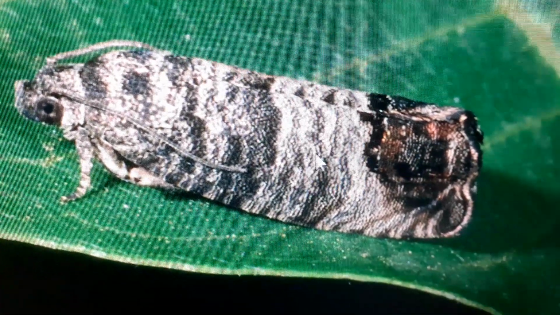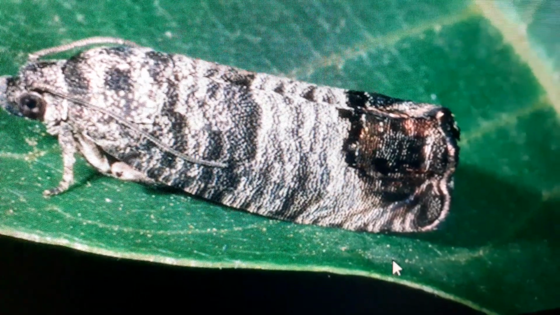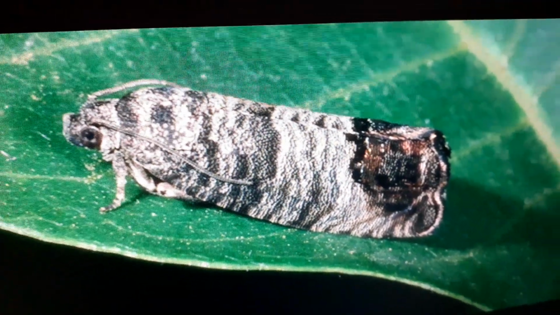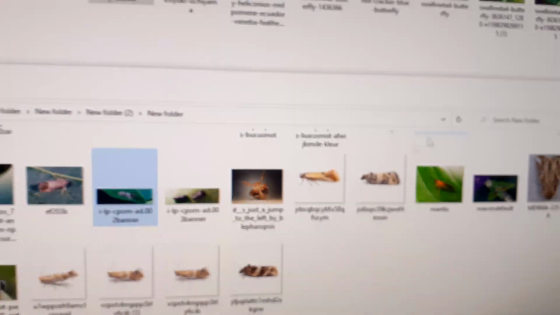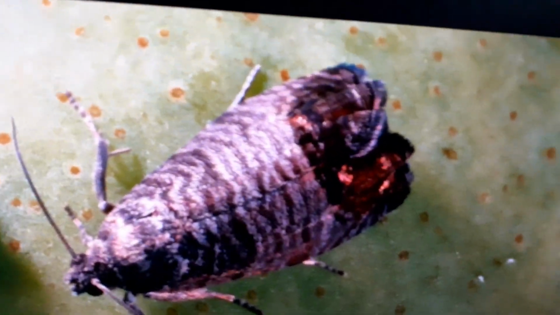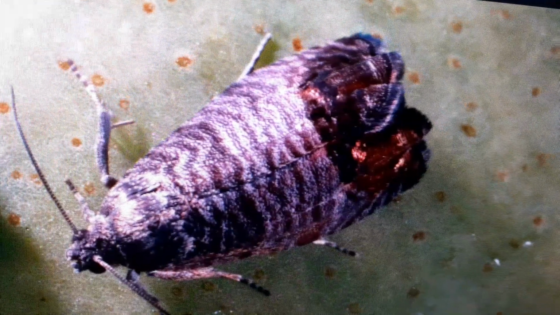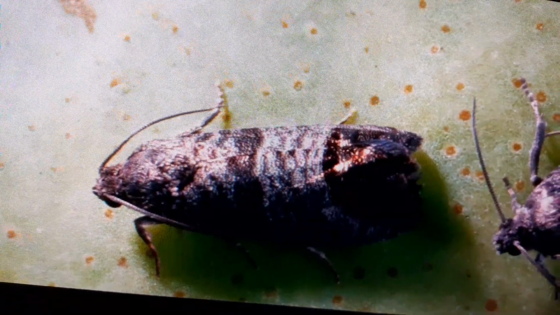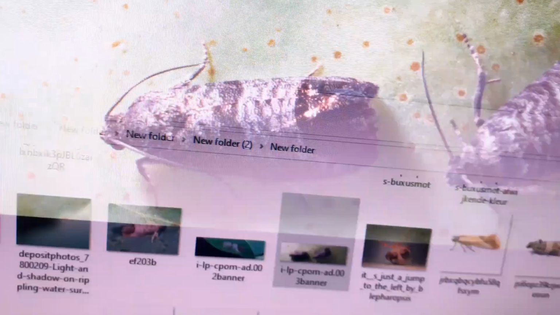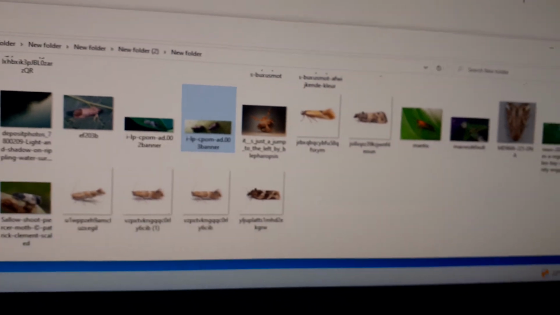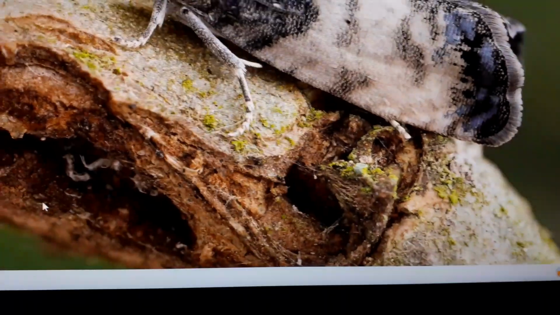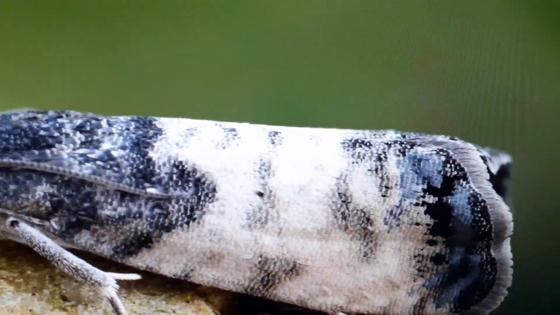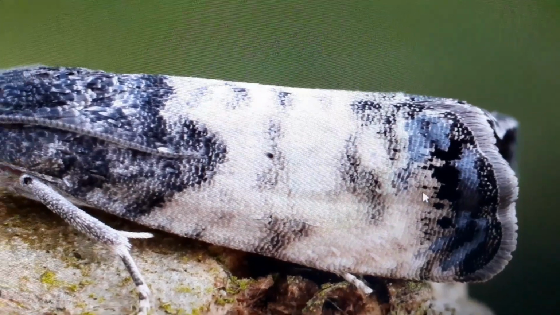Call it waves crashing. Blue, red as well.